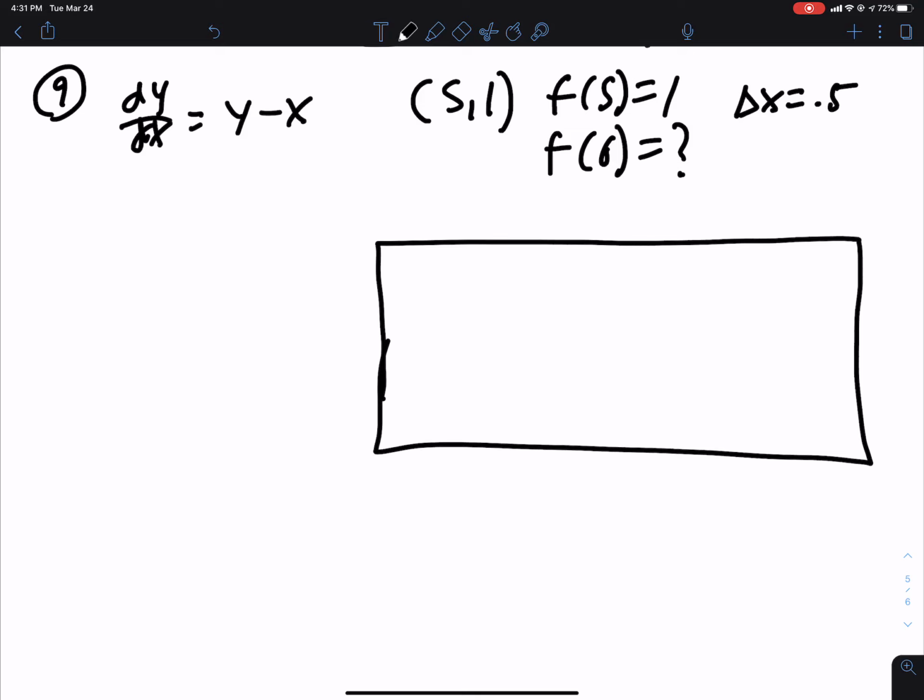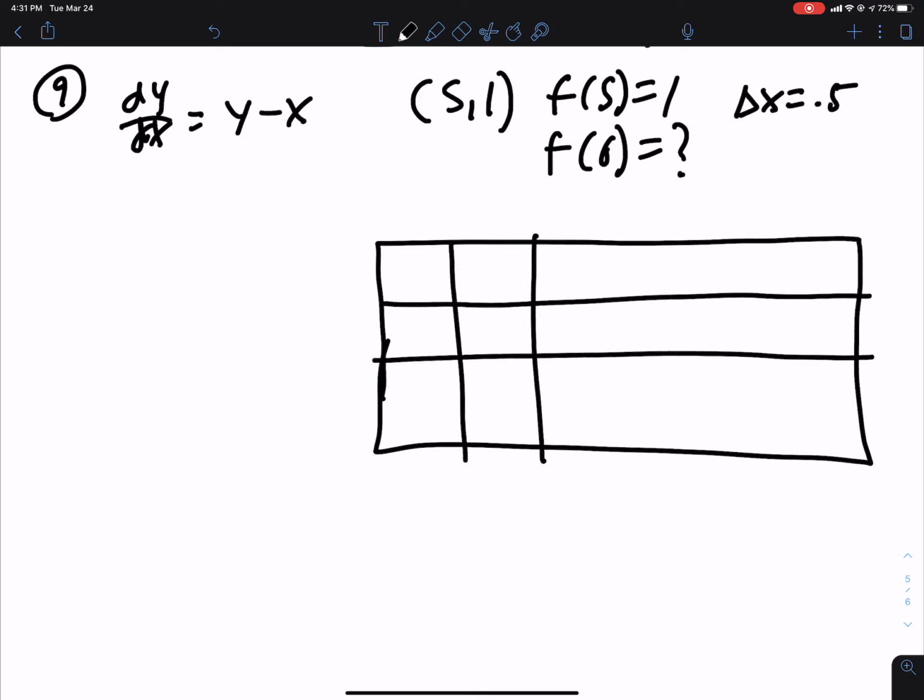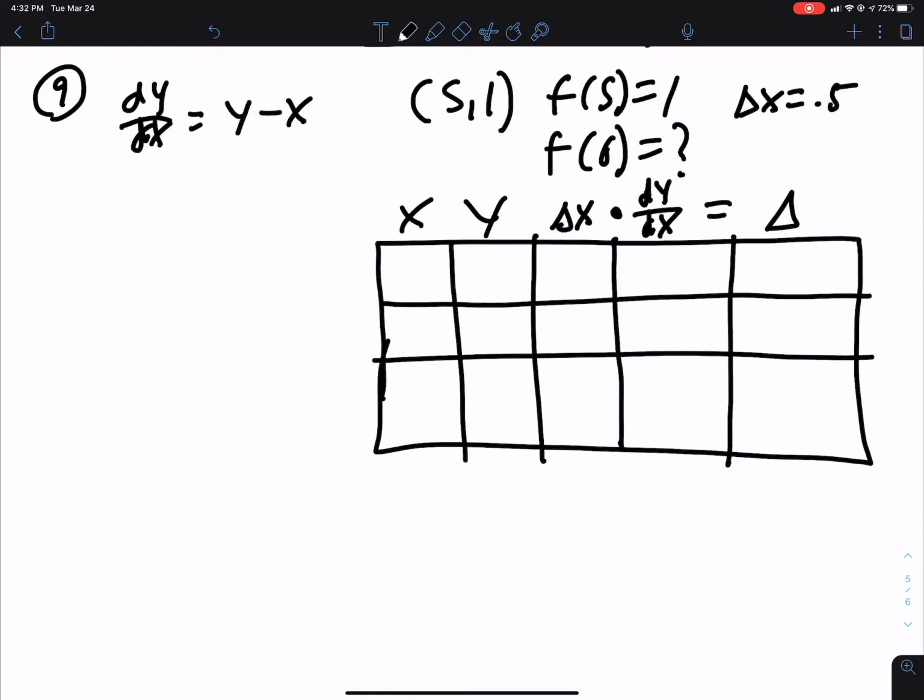So we're going to make a table with x's and y's. Then we're going to have a delta x, then a dy dx, and then if you multiply those two, that will get you a delta y for our approximation.